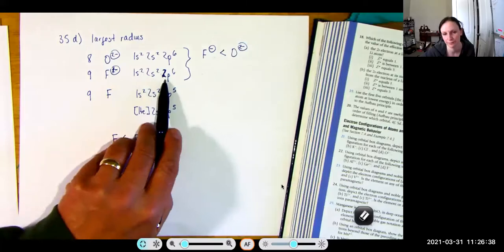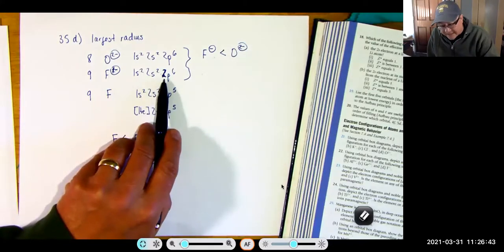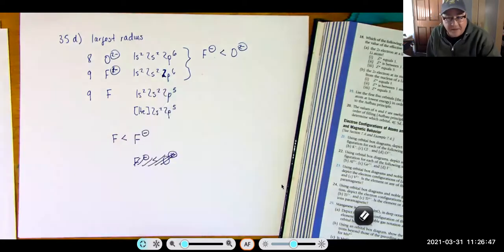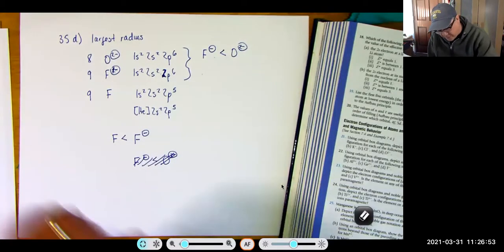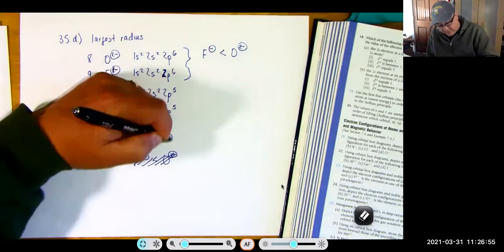Right, the same. Exactly 10. So when they have exactly the same number of electrons, 9 has got to pull them in better. So F minus has got to be smaller than O2 minus. Okay, so here we can put O2 minus right here, and we've completed our trend.